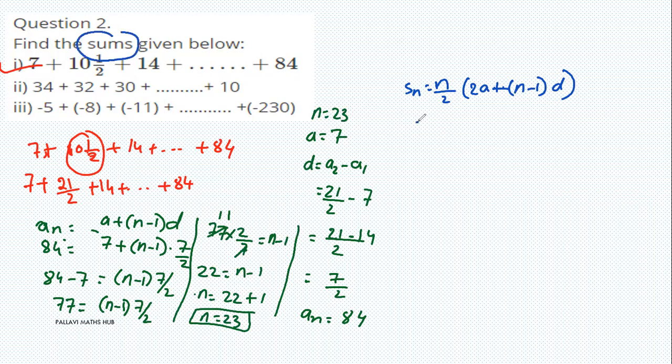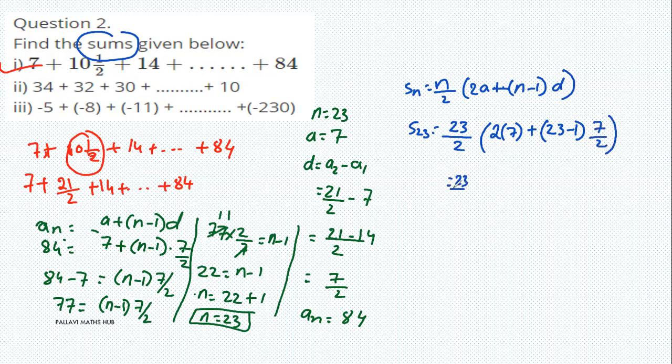So S23 equals the value of n, 23, divided by 2 into 7 plus n minus 1, which is 23 minus 1, into d, which is 7 by 2.